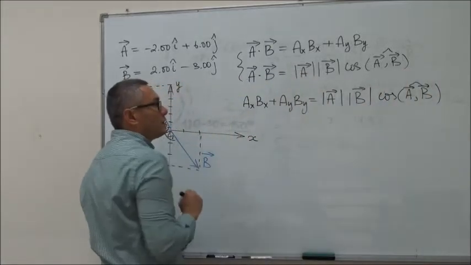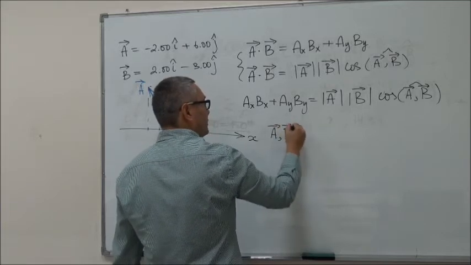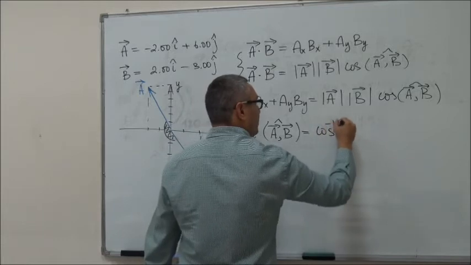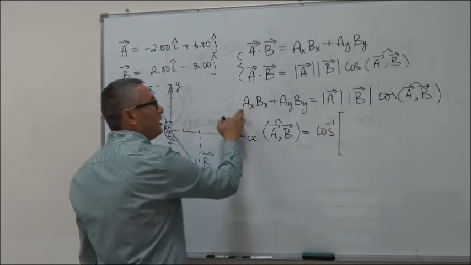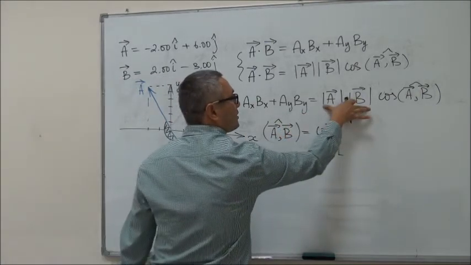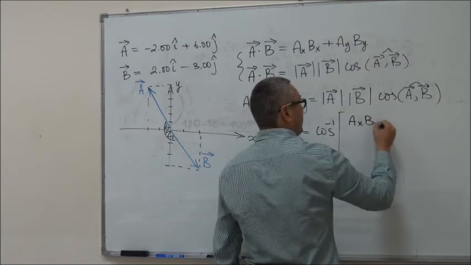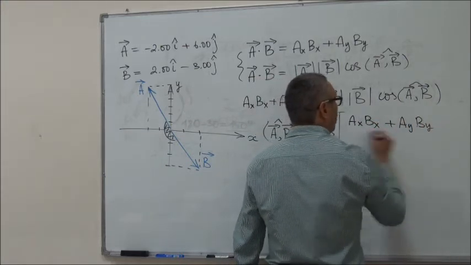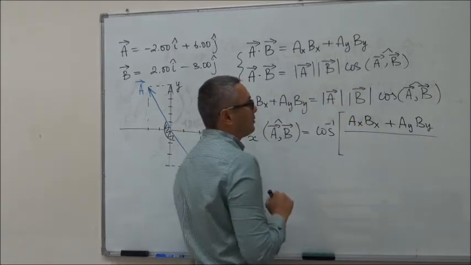From this equation you can see that the angle between the two vectors is equal to the inverse cosine of AX BX plus AY BY over the product of the magnitudes of the two vectors.